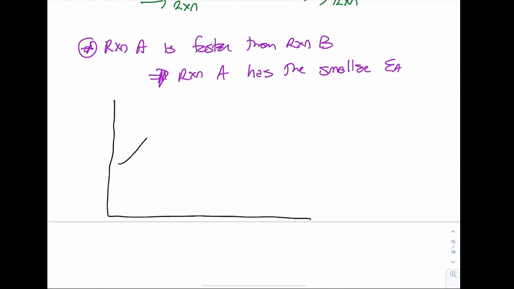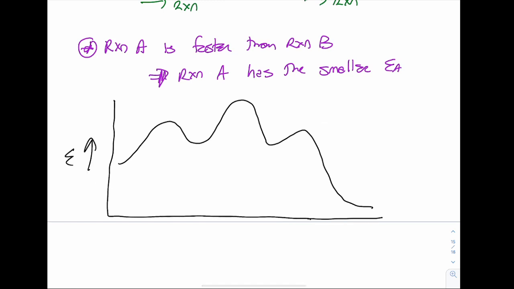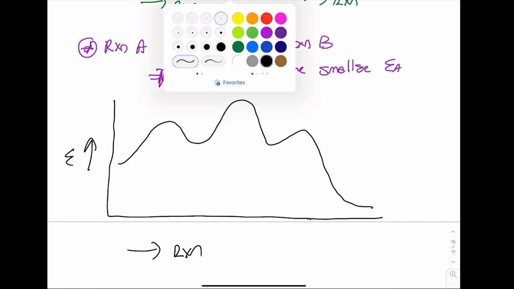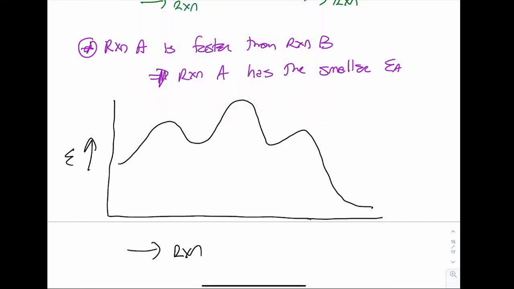So let's go to A. Let's do a little one. So energy, reaction. How many intermediates do I have in this one? Hopefully you guys said 2. I have that intermediate, which actually isn't much higher in energy than my reactants.